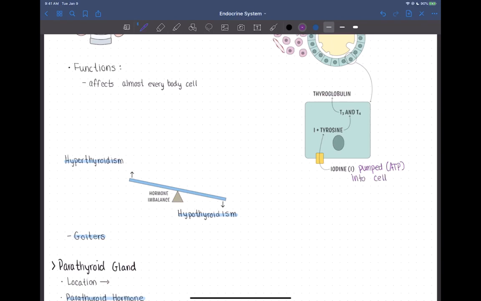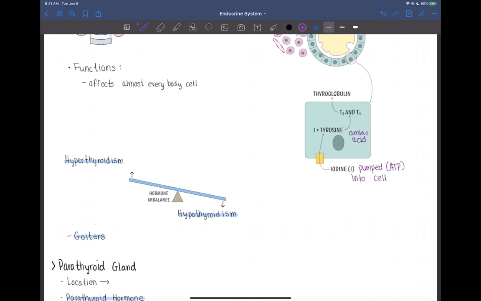Okay, and once that iodine is in the cell, it then combines with the amino acid tyrosine. All right, so tyrosine is an amino acid. It is a non-polar amino acid, which is why this particular hormone is fat soluble, whereas most other amino acid-based hormones are water soluble.